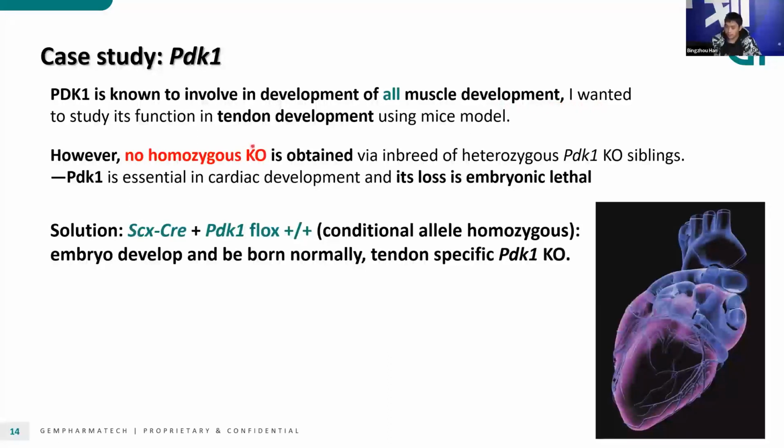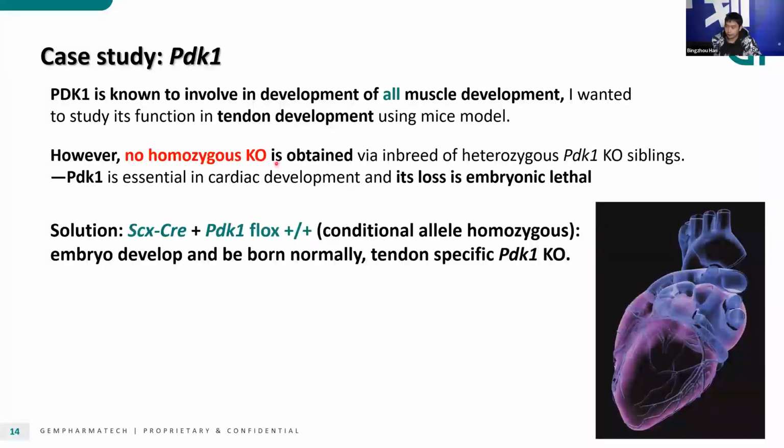If we want to study its function in tendon development using a mouse model, we might first think to generate a conventional knockout of this gene and study its function by observing the phenotype and the underlying molecular mechanism. However, if we do this, we will obtain no homozygous knockout, since PTK1 is essential in all muscle development, including cardiomyocytes, and thus its loss will cause embryonic lethality, since the heart will not be functional in the embryos.